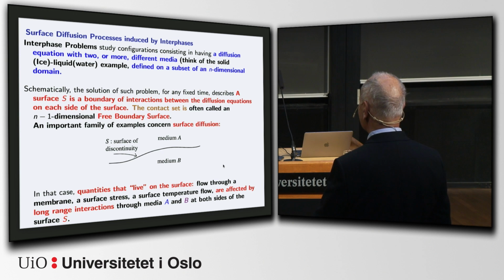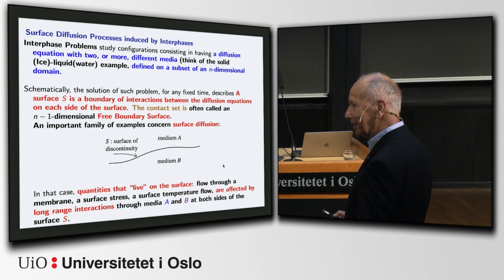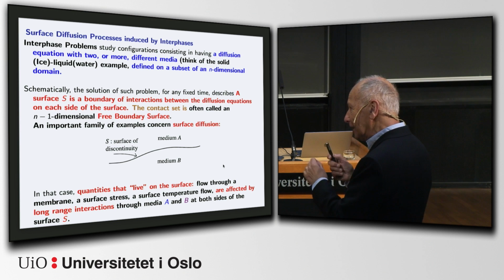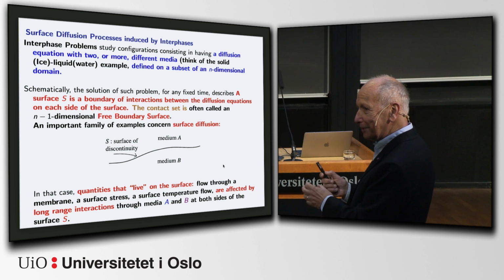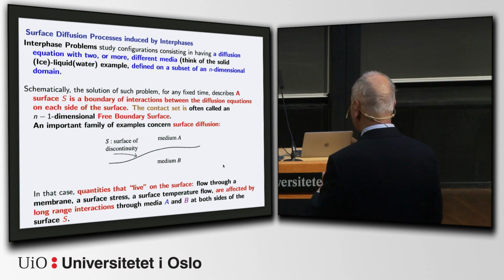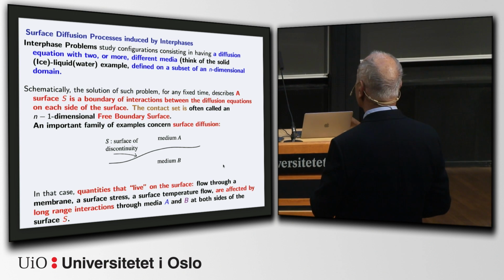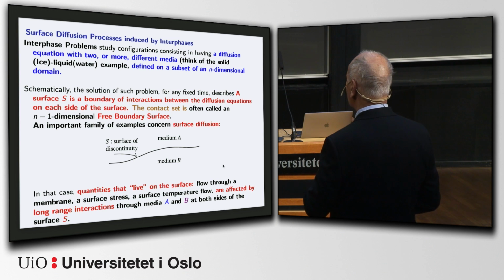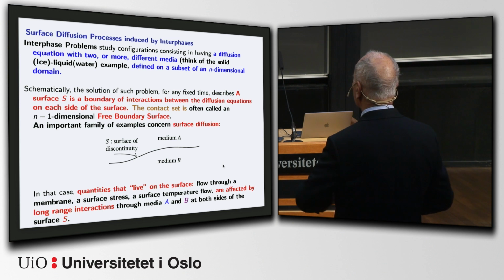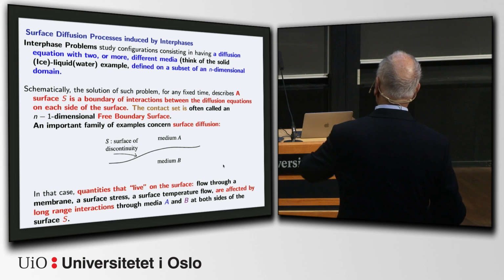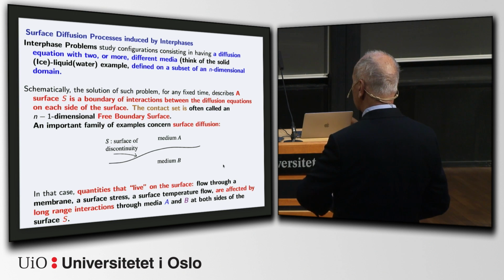So here, as I said, this is much more interesting. What we were looking at until now was circular things and very special, and here now it becomes more interesting, where you have two media, right? Maybe one solid and one not so solid, or water, with different properties, right? And so you have this surface of discontinuity, right, that may want to move again, like something that is bending.